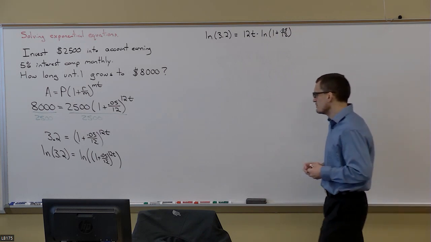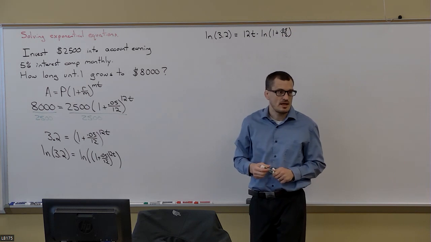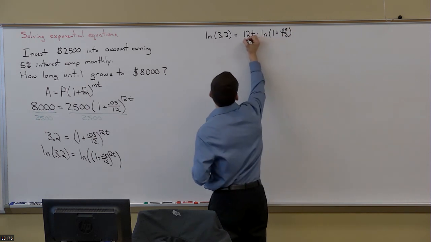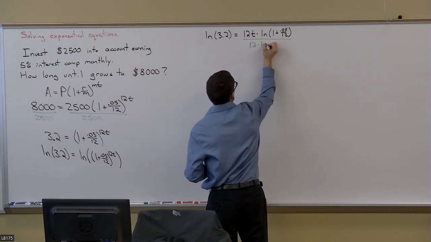If I want to isolate the t, I want to solve for t, right? Then I'm going to have to divide both sides by 12 times this natural log.